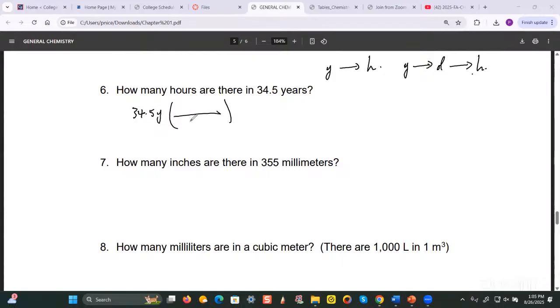So let's start out with the first step. How will you go from years to days? What goes up top here and what goes below here? 365 days over 1 year, so that this cancels with that.